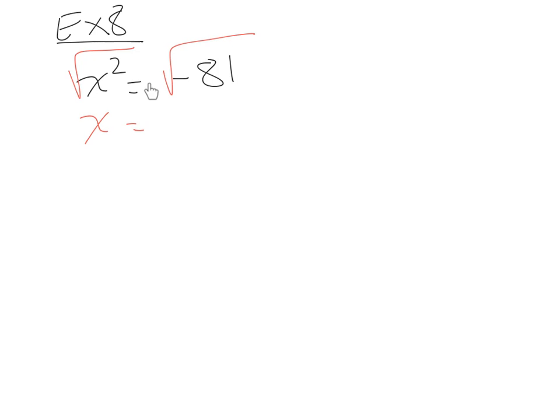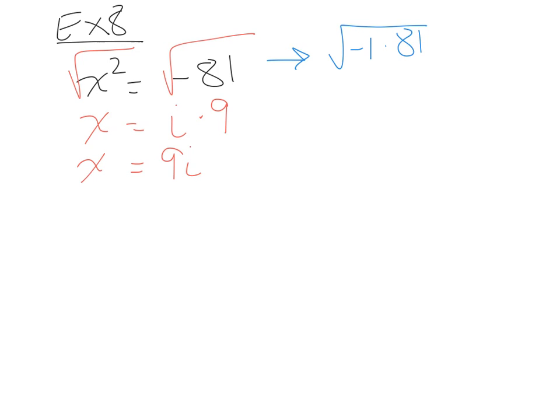We can take that i out. That would be the negative. So basically this is the square root of negative 1 times 81. The square root of negative 1 is i, and that comes out as a coefficient. So we're going to have an i, and we're going to have the square root of 81, which is 9. So this is basically 9i.